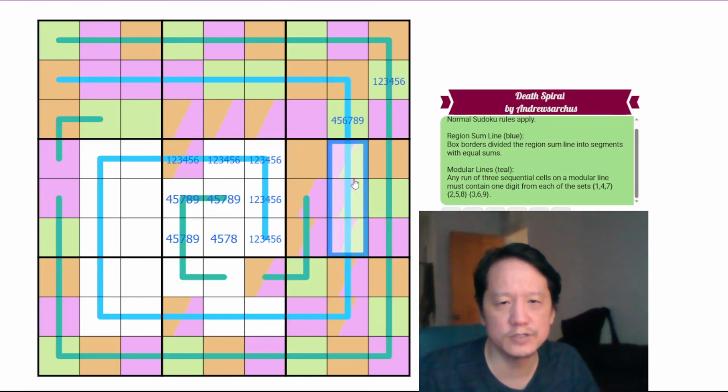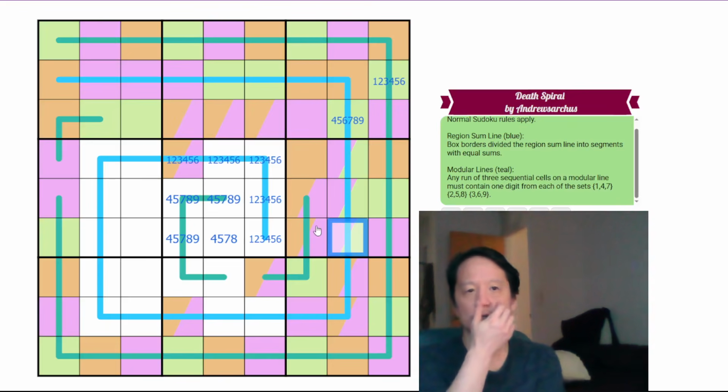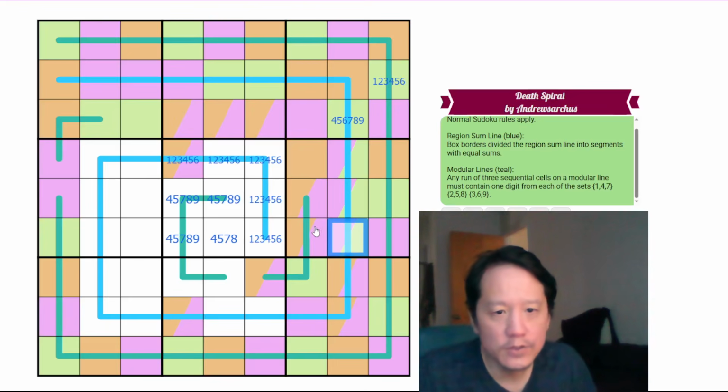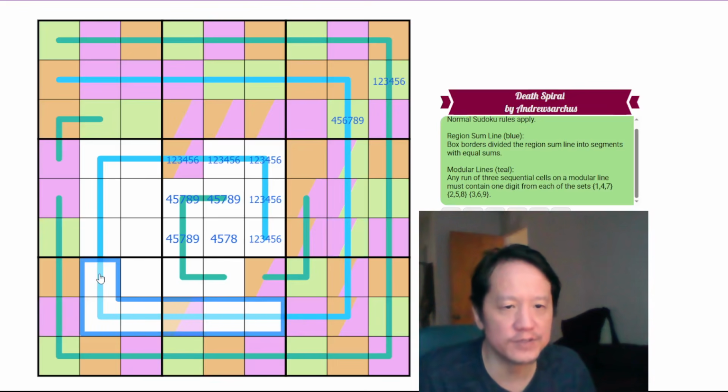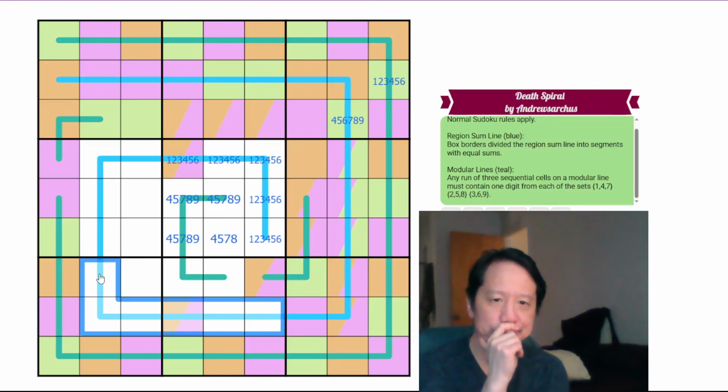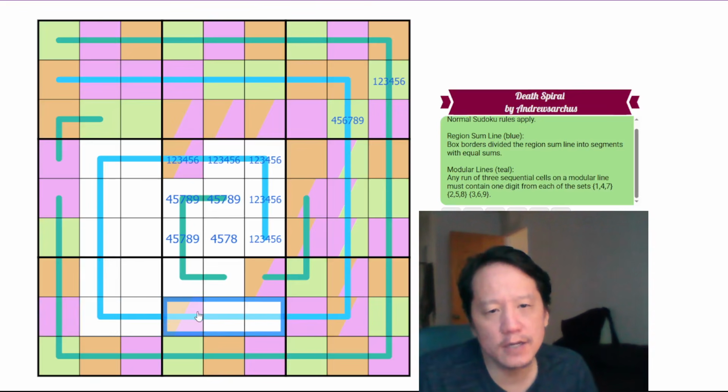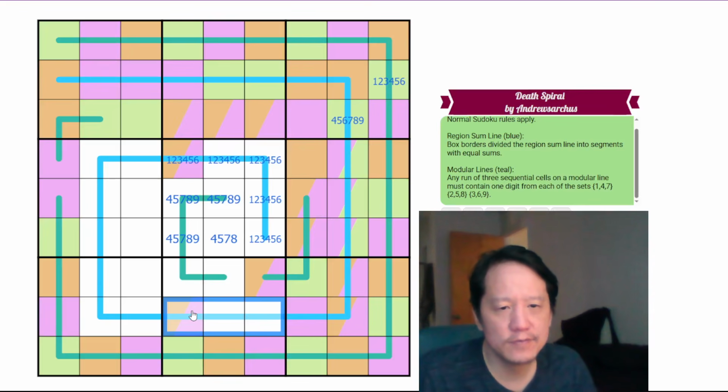We have 2 greens here and 1 pink. So that's going to be the same for this set, right? We cannot have more than 1 pink here.